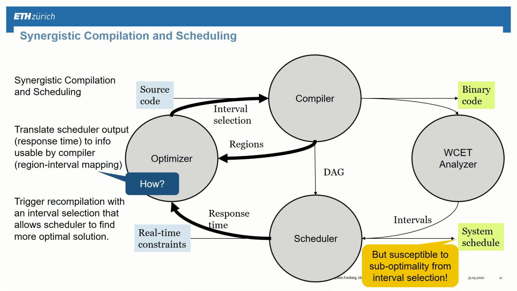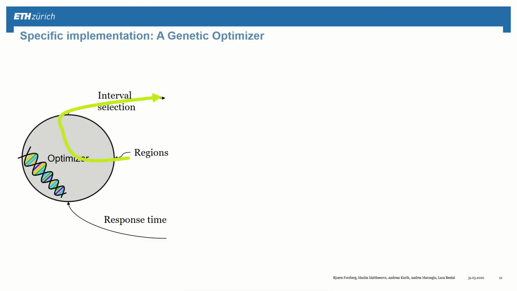By passing the regions from the compiler, the optimizer is able to deconstruct the intervals that were used for scheduling into their constituent parts. It then can reselect intervals by passing an overruling vector to the compiler that overrules the internal heuristics for interval selection. We have implemented this in a genetic algorithm, and it encodes two types of intervals.